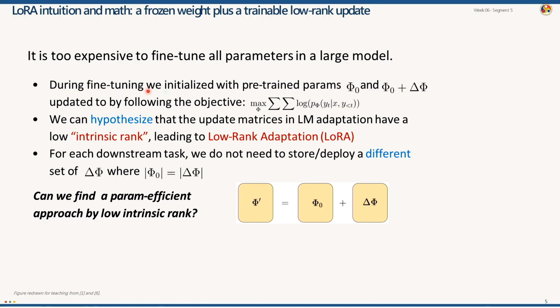During fine tuning we initialize with pre-trained parameters and update them following the objective of maximum log likelihood of the probability of the output generation y_t given the previous text. So this is the specific mathematics working behind it.